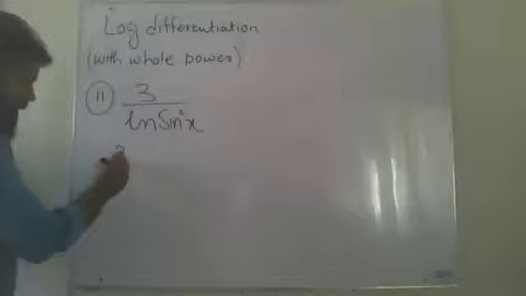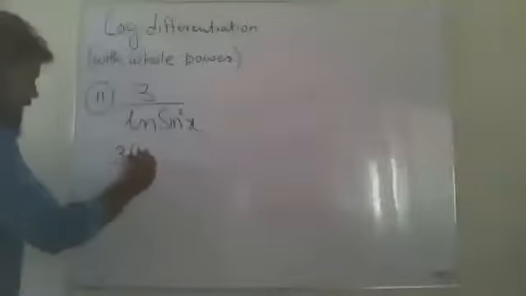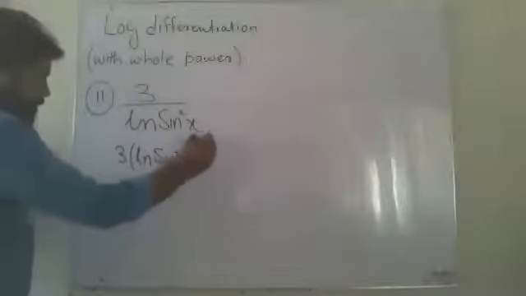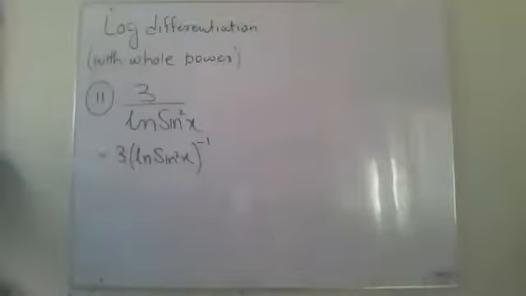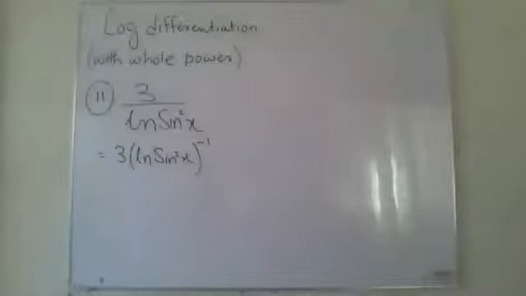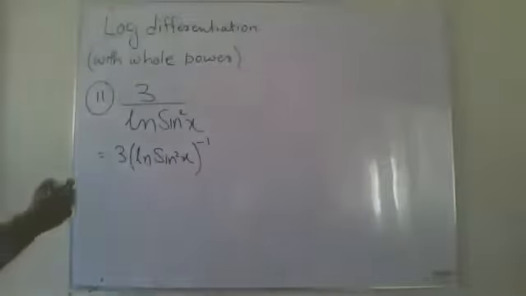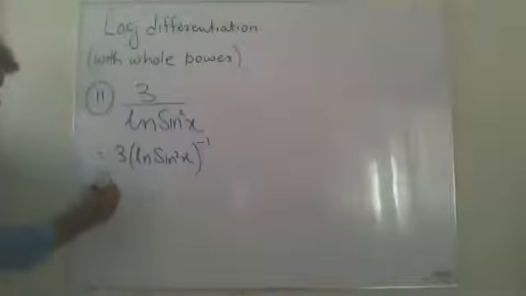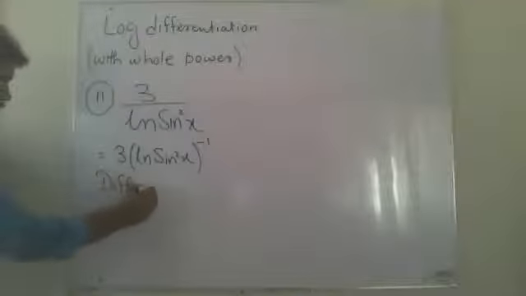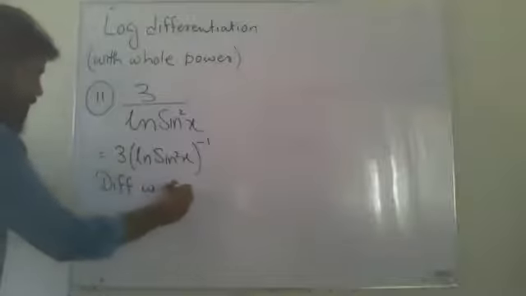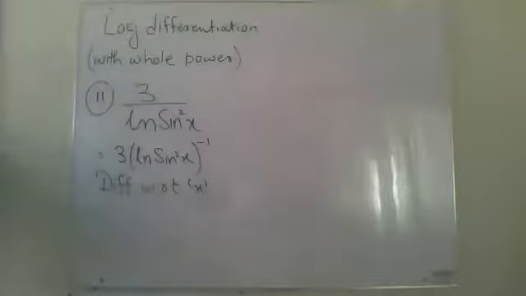I have shifted it: 3 times (ln sine square x) whole power minus 1. Okay, I think I am clear till this point. Now I am starting differentiation with respect to x.